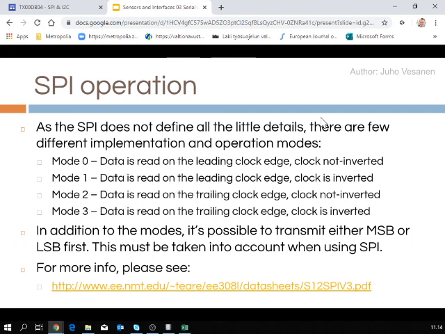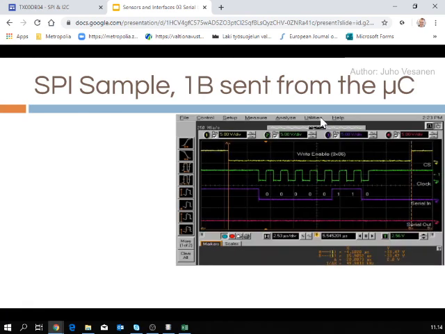And there's some more information about it. SPI sample: 1 byte sent to the microcontroller, sent from the microcontroller. Write enable goes down, that's the clock, and then serial in, that's the MOSI signal.